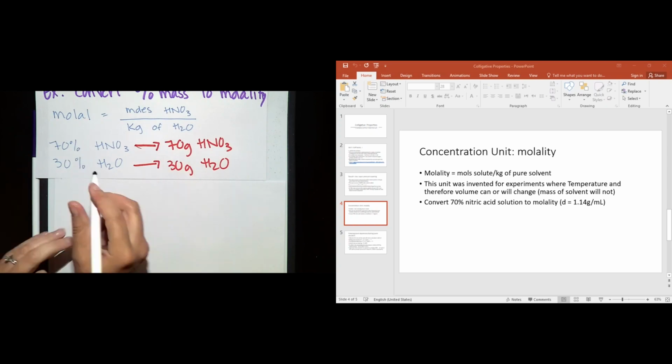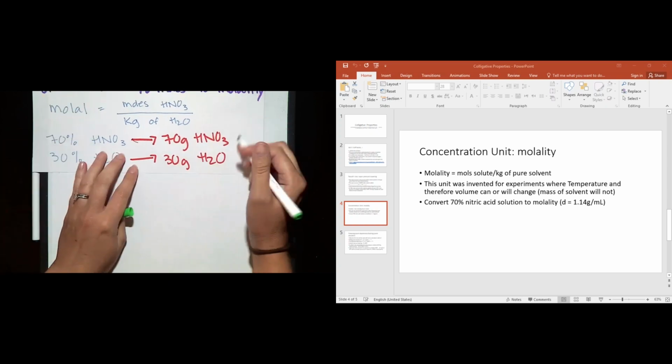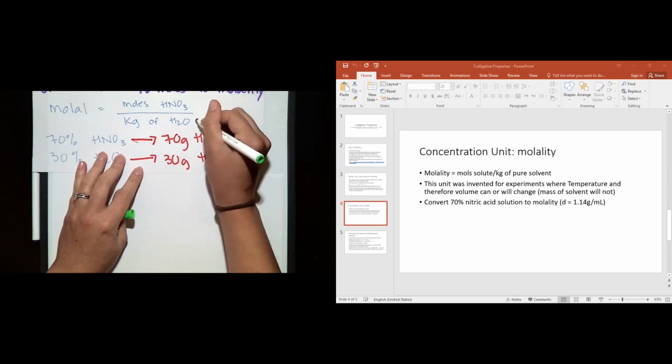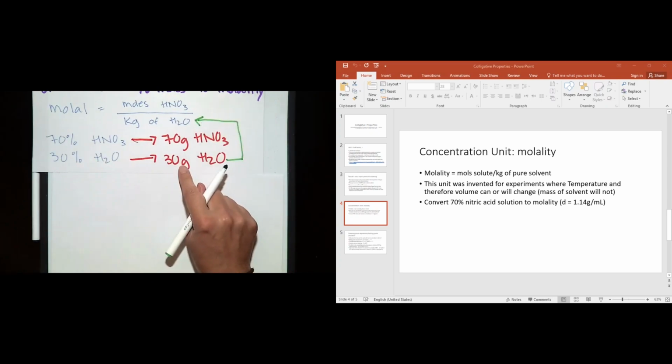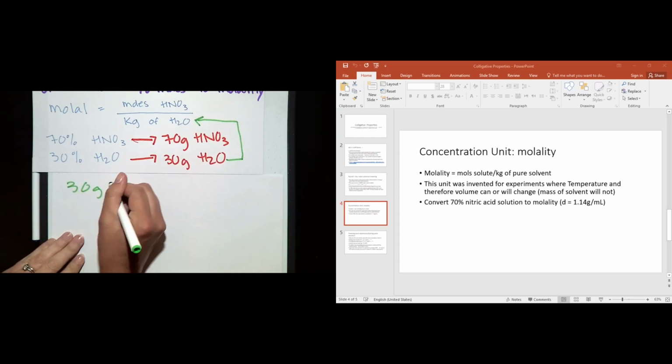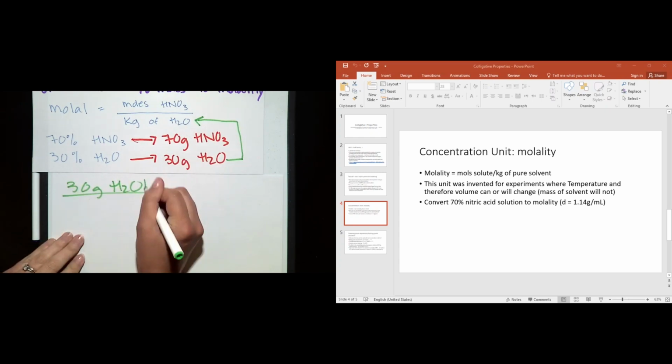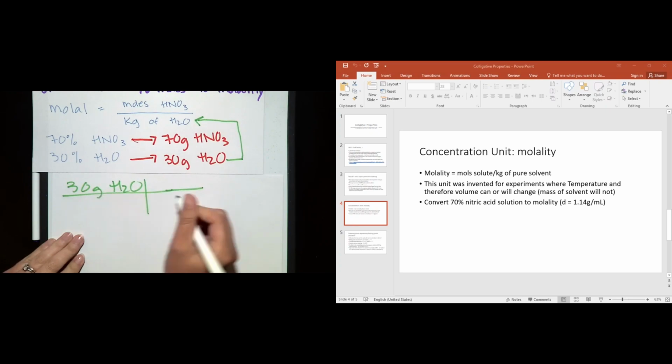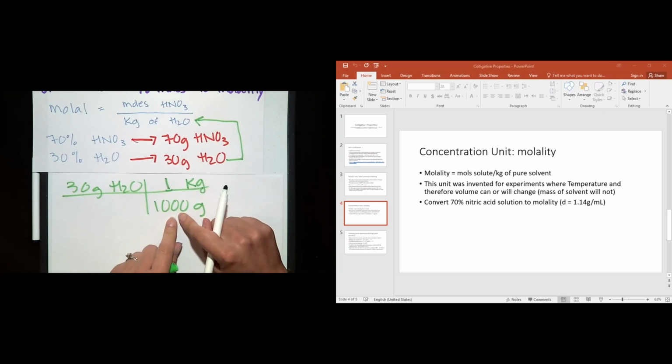Okay, so what do I need here? Well, I need kilograms of water. Well, if I have grams, that's not bad, right? I can just convert grams to kilograms. So I want my diagonal units to cancel, so I'll have kilograms up top. Sometimes students get mixed up. Where does the 1 go? Which unit?